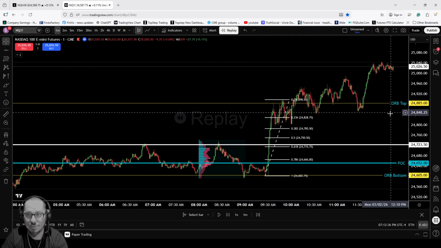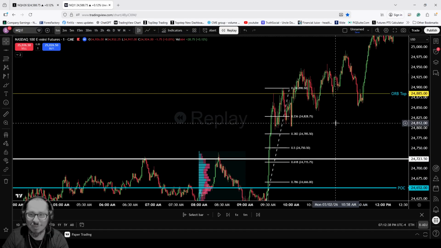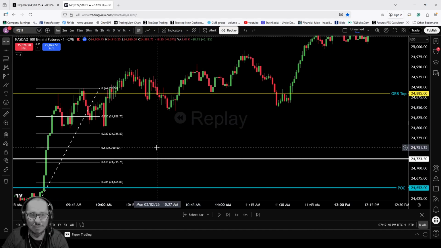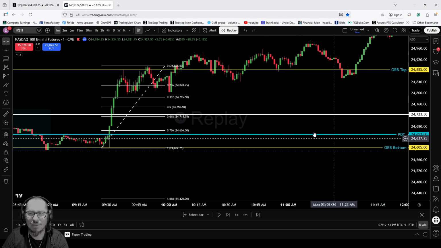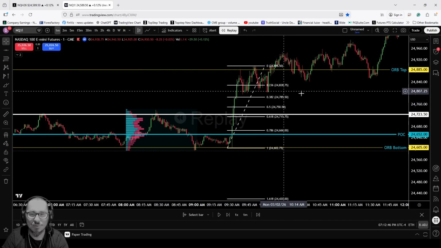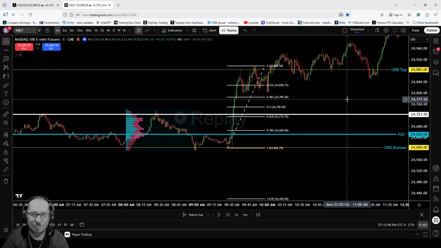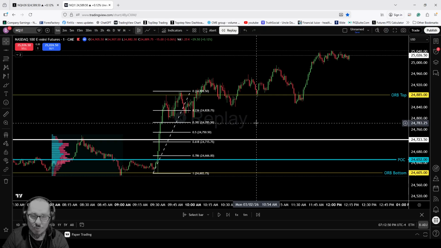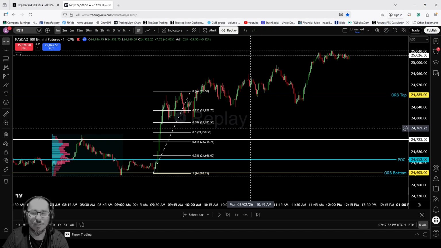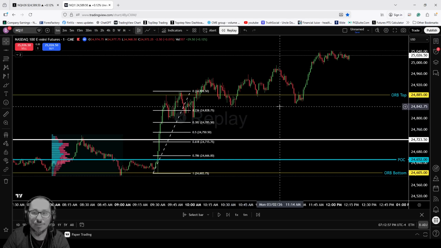Yeah, I think she's too novice for me to go into the strategy. But this is going to be an eye opener for her because she's going to be able to repeat it multiple times. There's a lot of things that we did put into play: the point of control, the Fibonacci retracement, the ORB bottom and top, the break and retest.